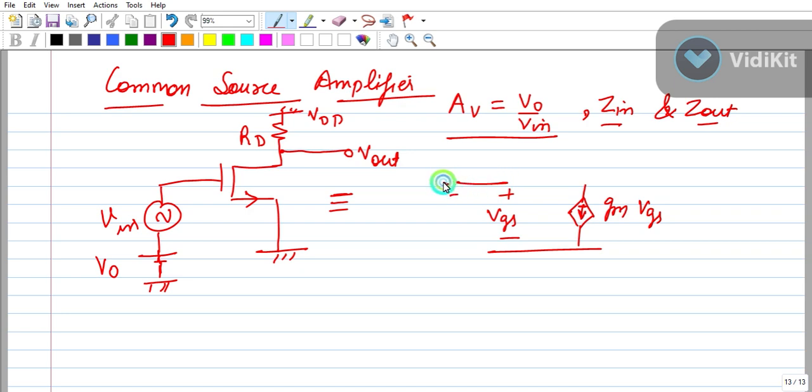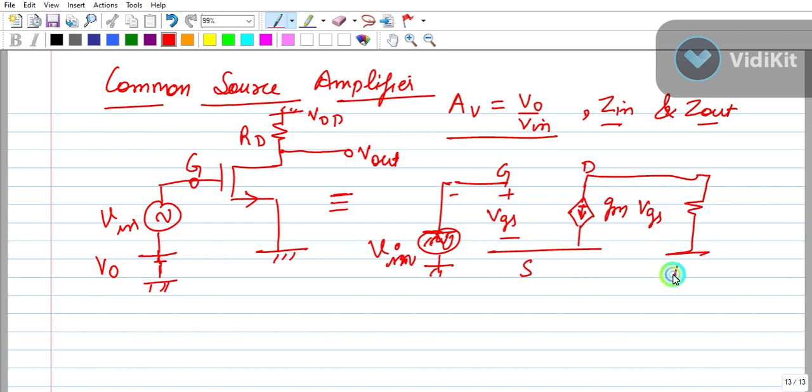This is V in, this is gate, this is source, this is drain. At gate there is input voltage V in, and at drain there is one resistance, that is RD, and then there is ground, and from the D point we are taking V out. And source is ground also.